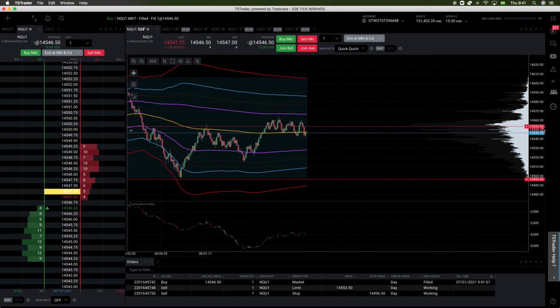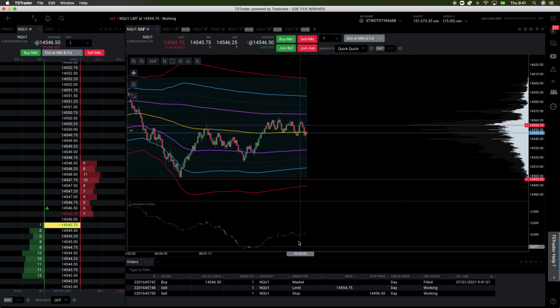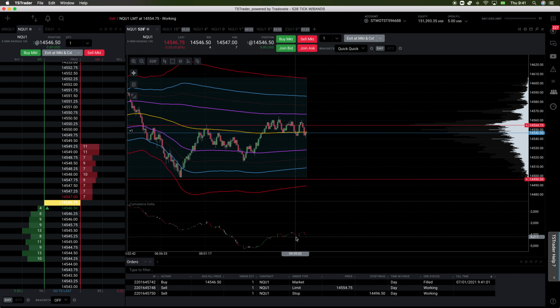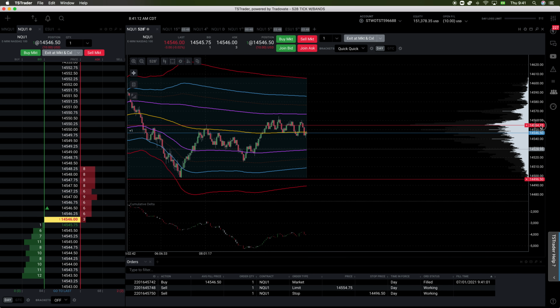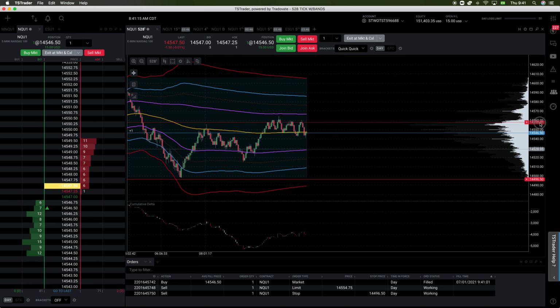Actually, get in again here. Order filled. So price came back down. Delta barely did not. So let's see if we can get another nice little spike here, kind of get at the top here.